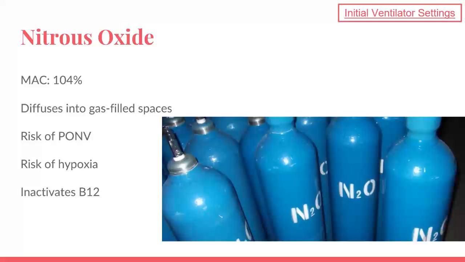Therefore, when waking patients who have received nitrous oxide, it is always essential to use 100% oxygen. During the use of this gas, we have to be aware of a serious complication known as bone marrow aplasia, which results from inactivation of vitamin B12.